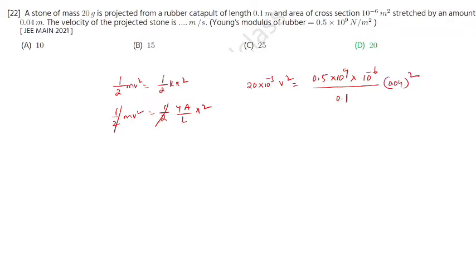If you simplify this, you will be getting the value of v square as 400, so v will be 20 meter per second.